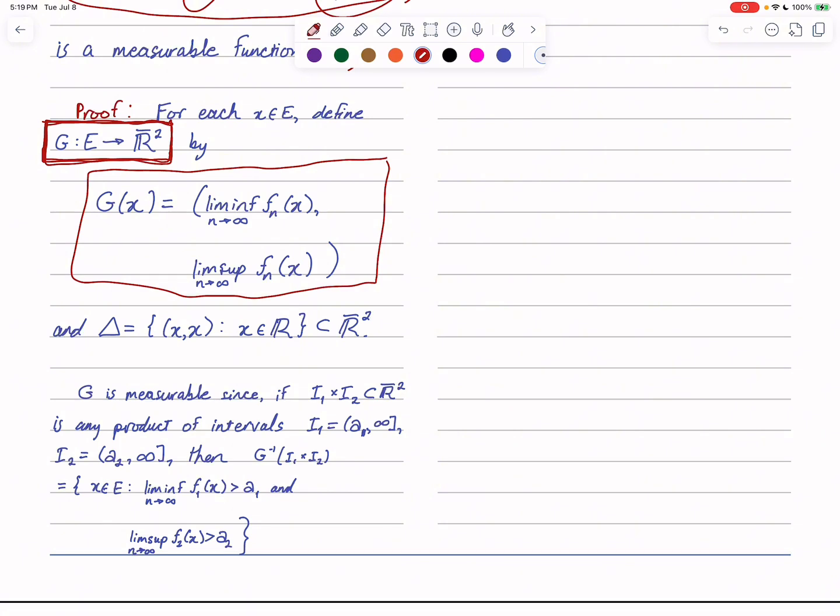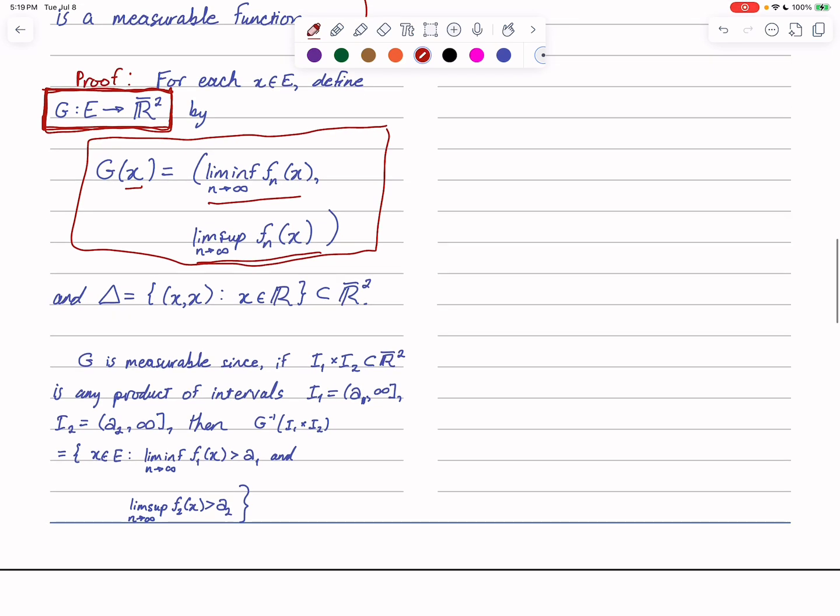And for any given point x in E, we will send it over to the point, with the first coordinate, the left coordinate, being the lim inf of the sequence at x, and the right coordinate being the lim sup of the sequence at x. So there's our function g. Again, I can't tell you why anyone thought to use this function g.